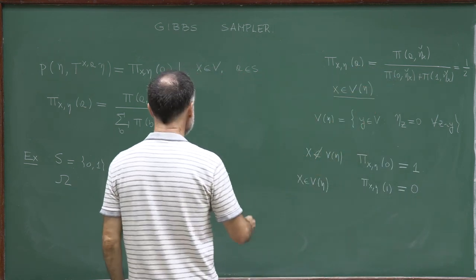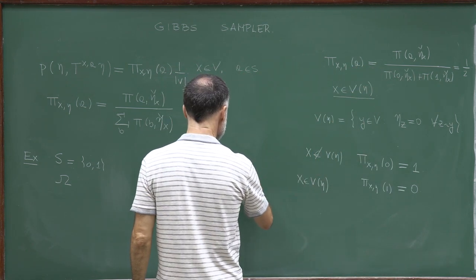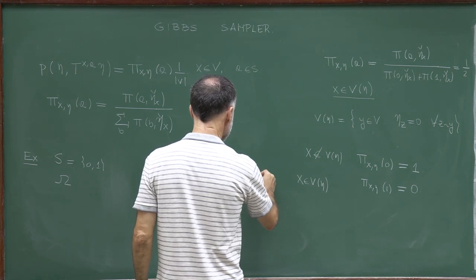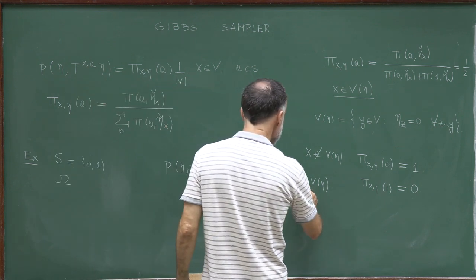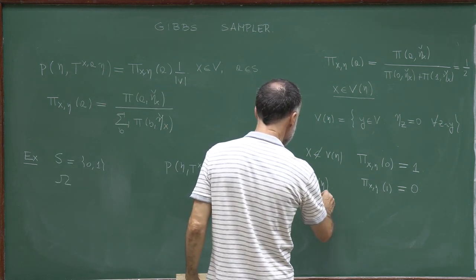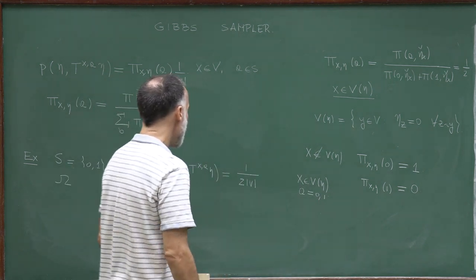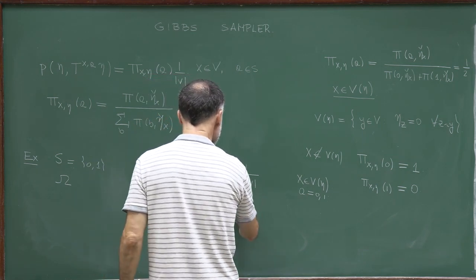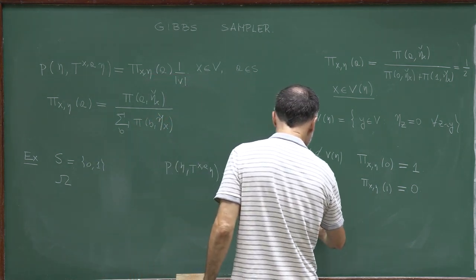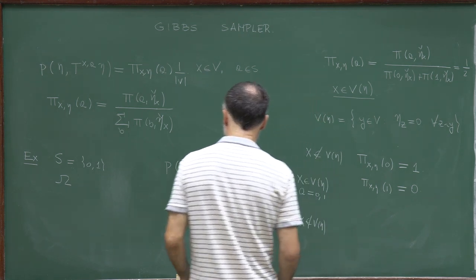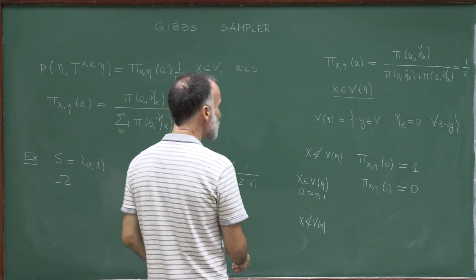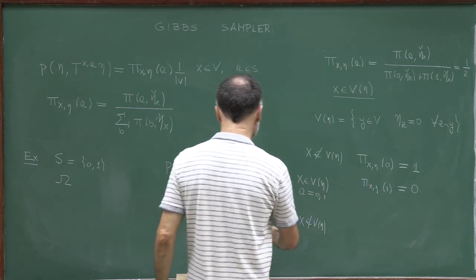So this is equal to 1 over 2V for a equal 0 or 1, while if x does not belong to V of eta, this is equal, well, 1 over V.